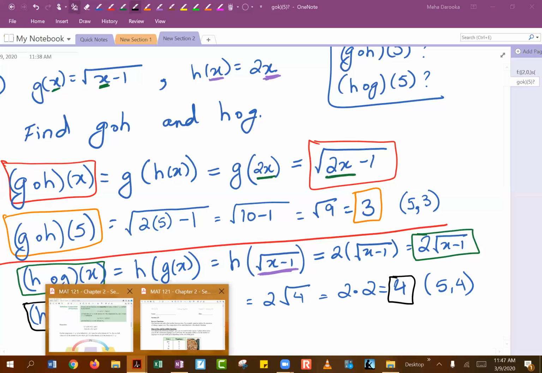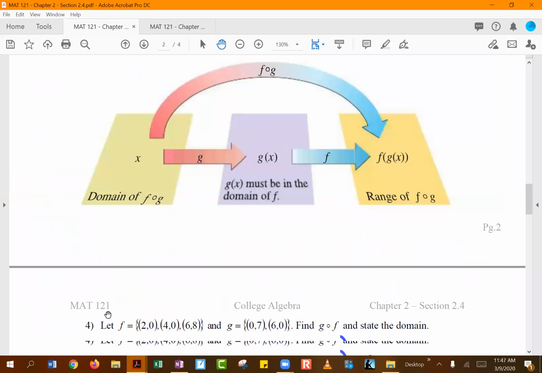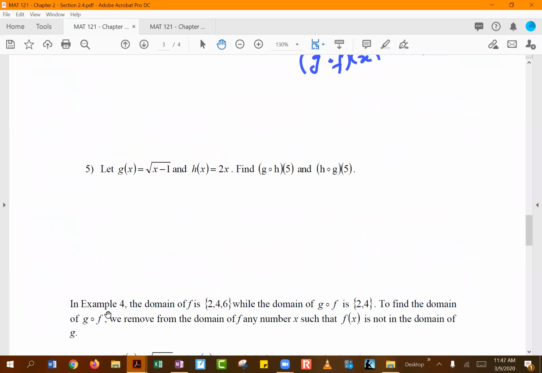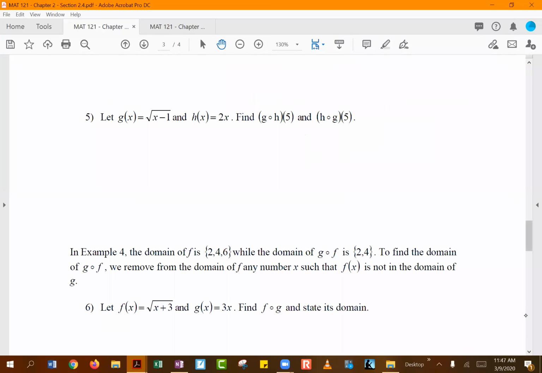You actually have something similar with number 6, but let's quickly take a look at that. This is exactly what happened for us in example 4, where we were looking at those ordered pairs. The domain of the f function is 2, 4, and 6.